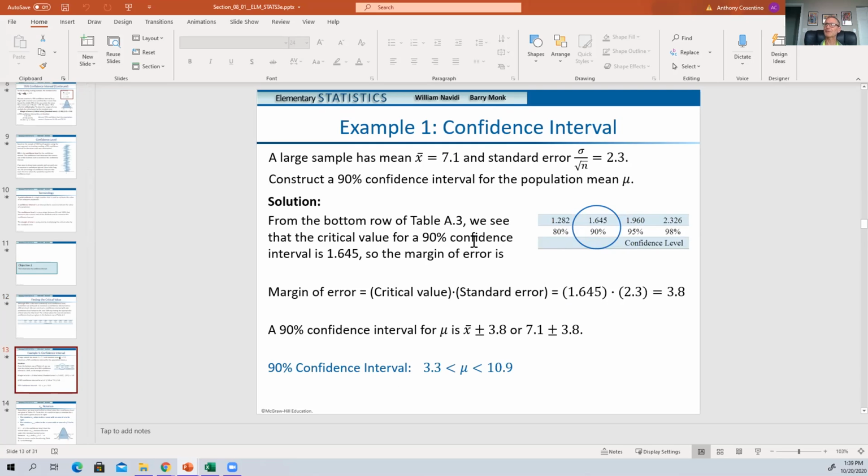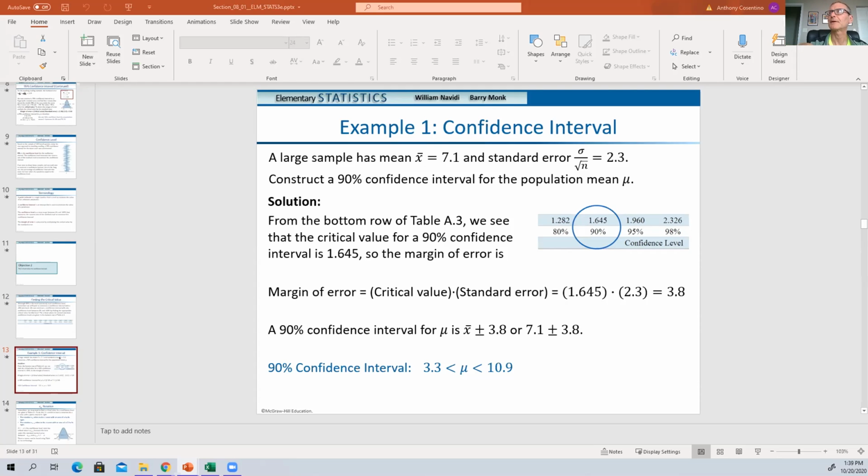And so here's another example. Say we had a large sample with a mean of 7.1 and a standard error of 2.3. Assuming that n is greater than 30, we could use the central limit theorem idea to provide our confidence level. In this case, they're looking for a 90% confidence level.